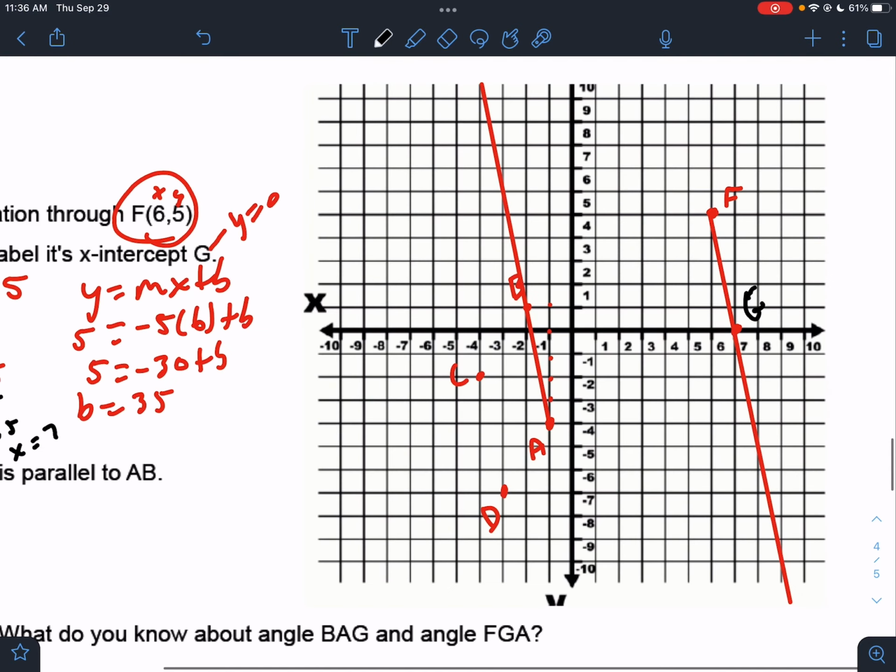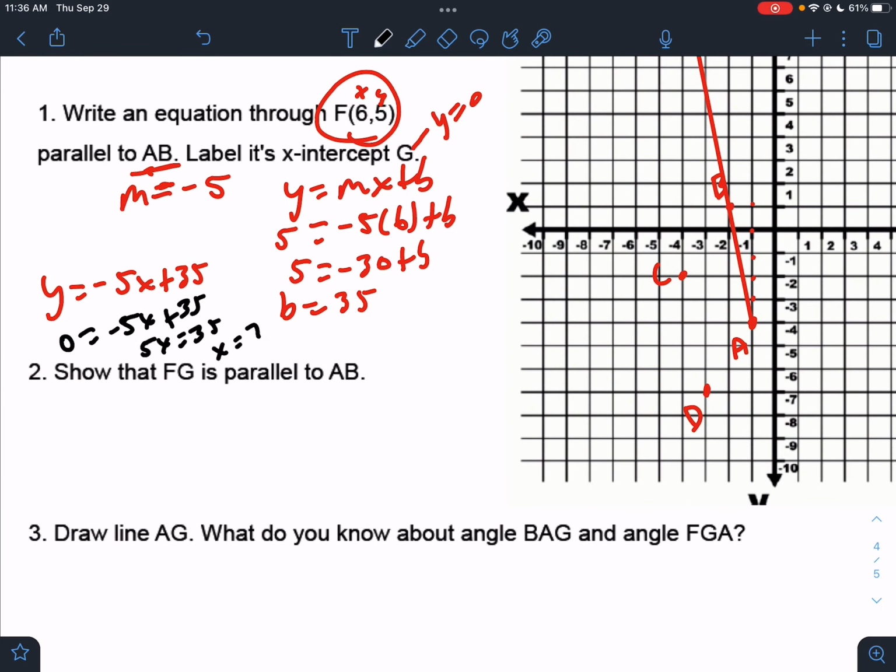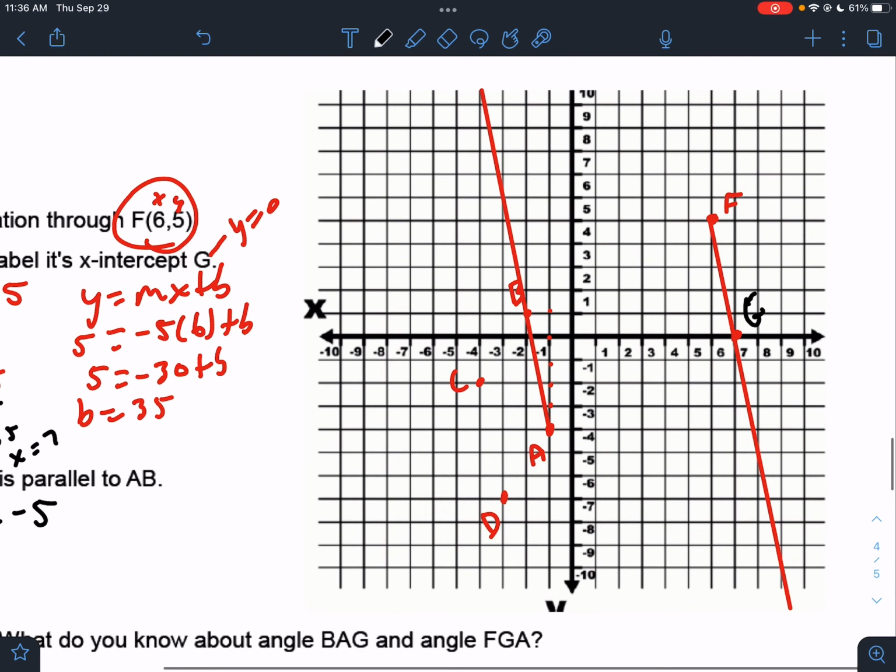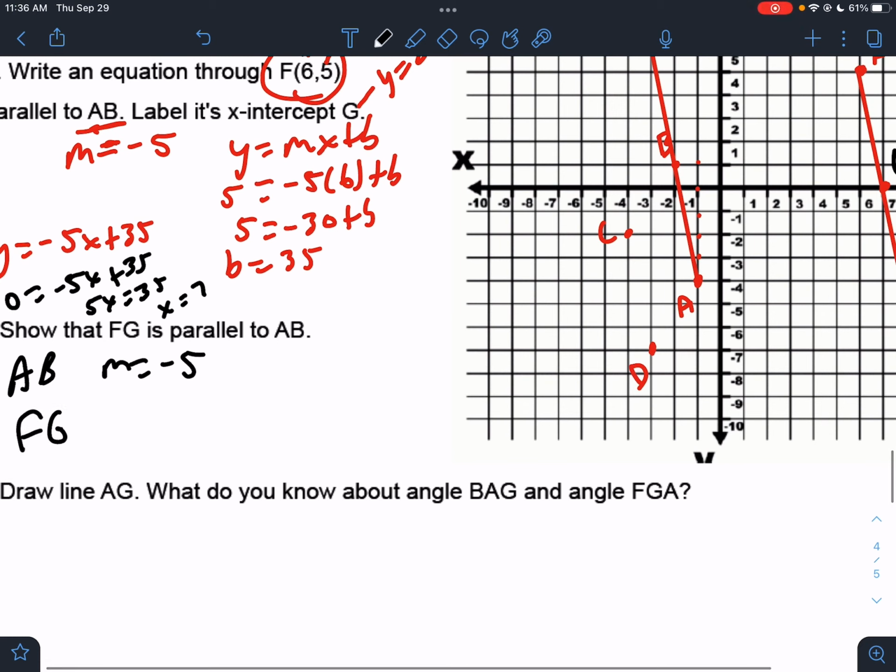Okay. Show that FG is parallel to AB. Well, m equals, so we know that AB has an m of negative 5. We know that FG, same thing. Oh, we didn't actually show it, so let's show it real quick.